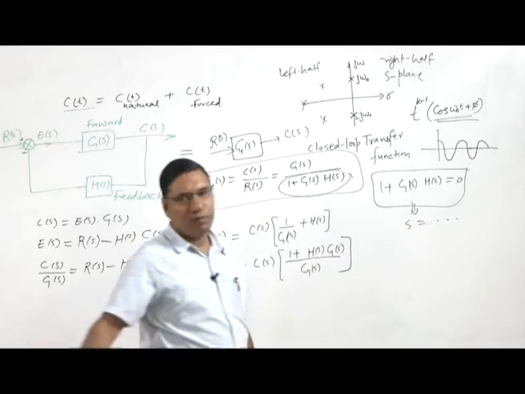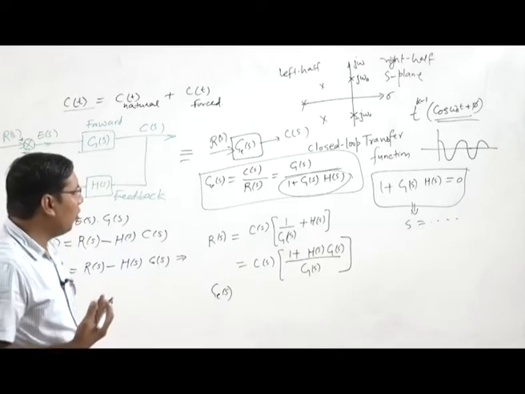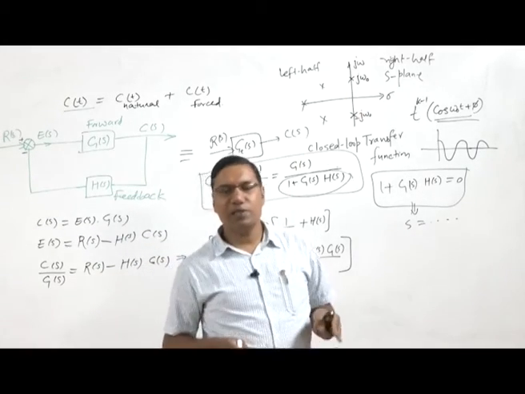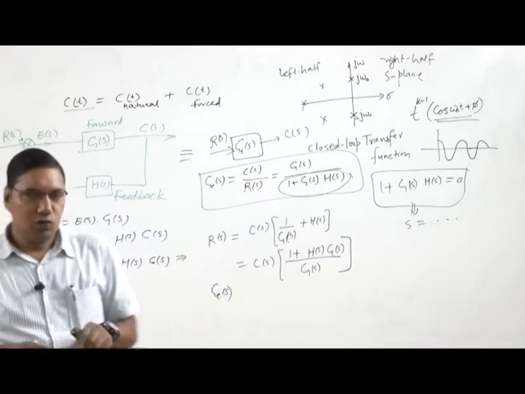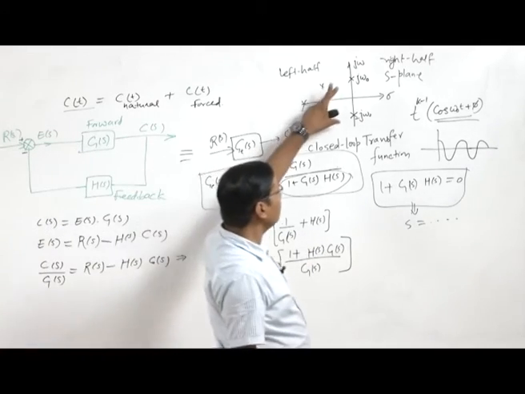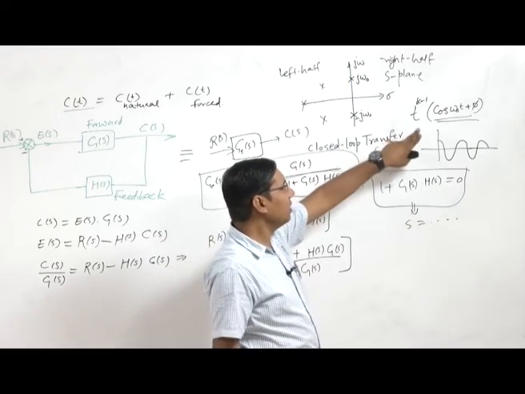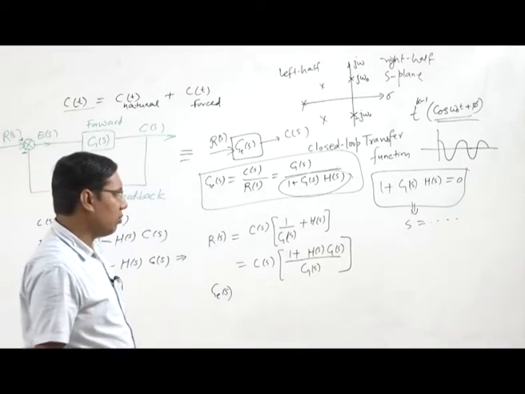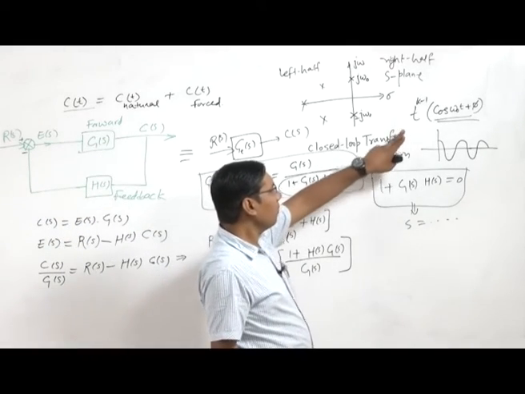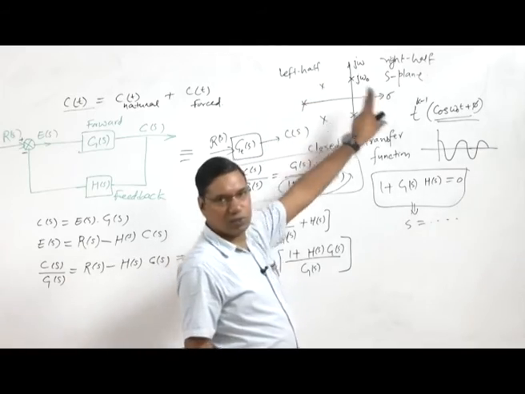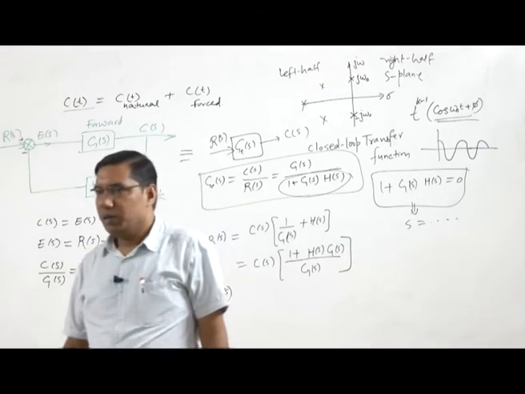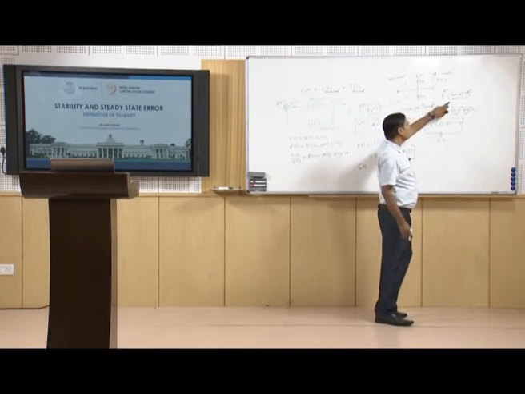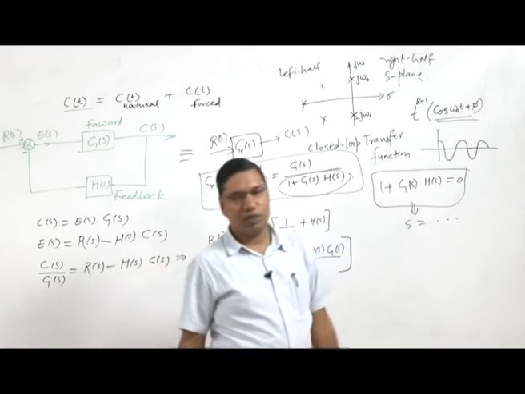However, if we have more poles on this j omega axis with multiplicity more than 1: if there is one pair of poles, then this is an oscillatory response. But if we have k greater than 1, say k equal to 2, then this will be t times cos omega 0 t.